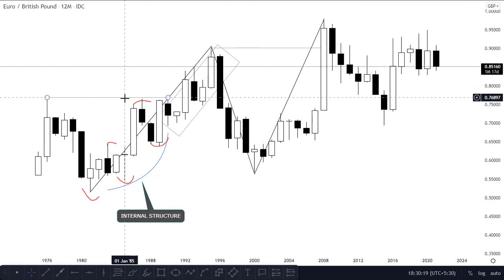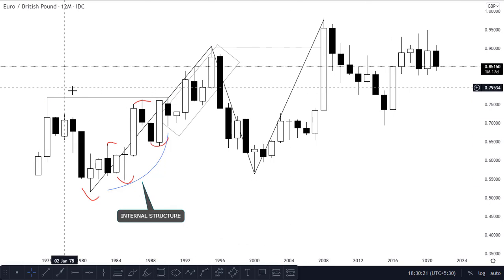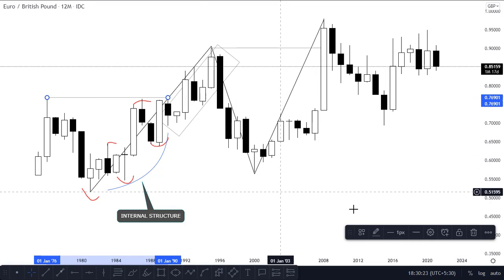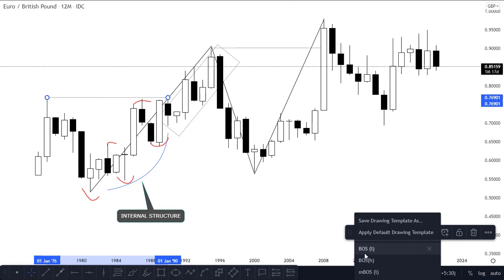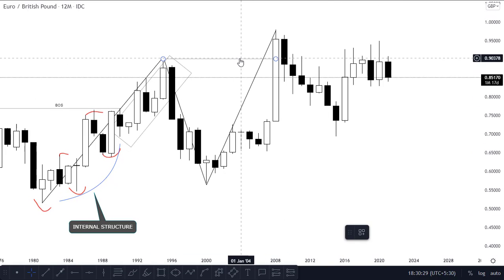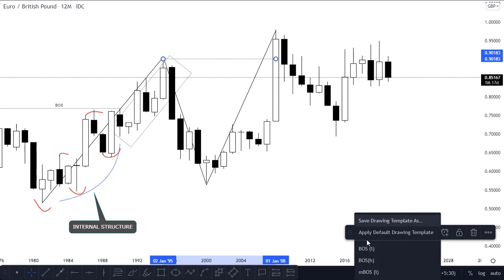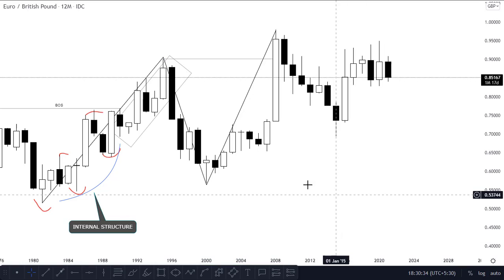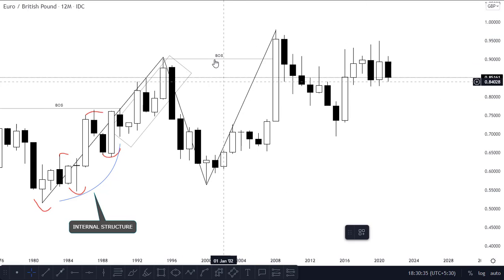This is the first POI on the left side. Let's start from here. This is the first POI on the left side. Now this is another POI here, another POI on this level. Now we know Euro GBP is on a higher time frame pullback.